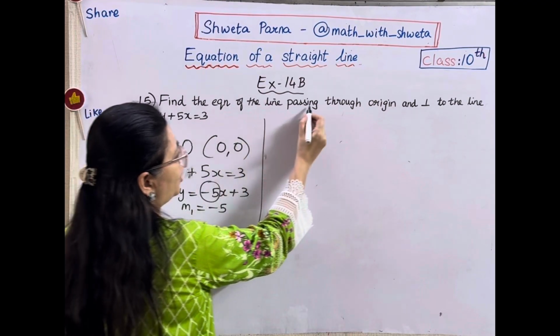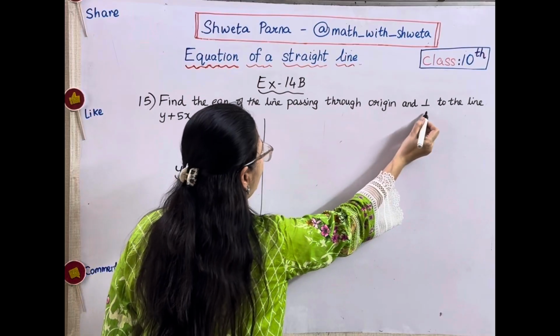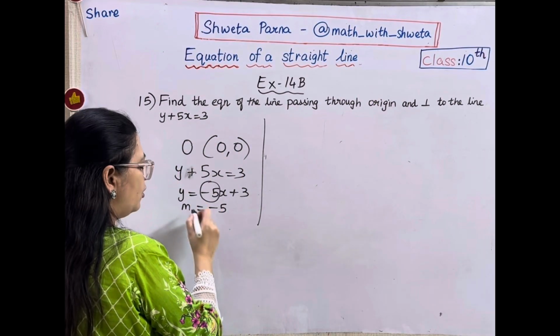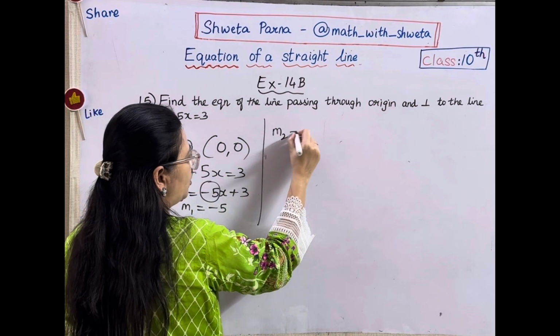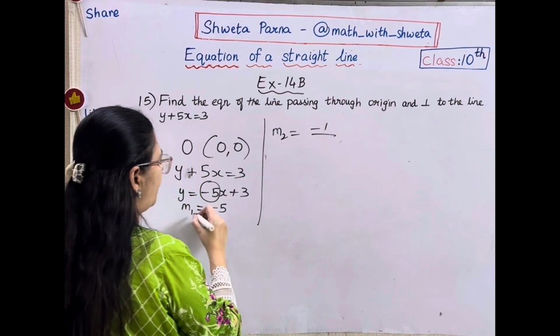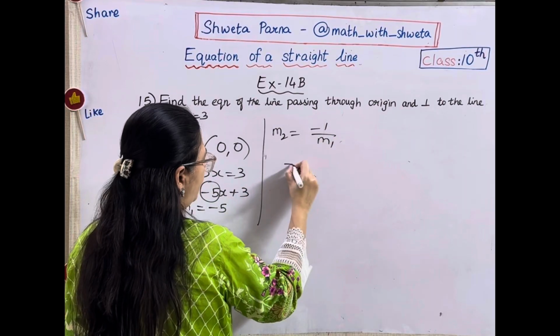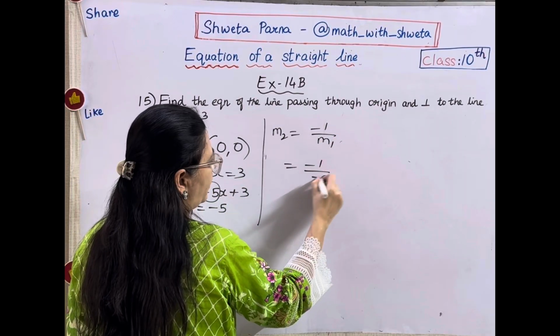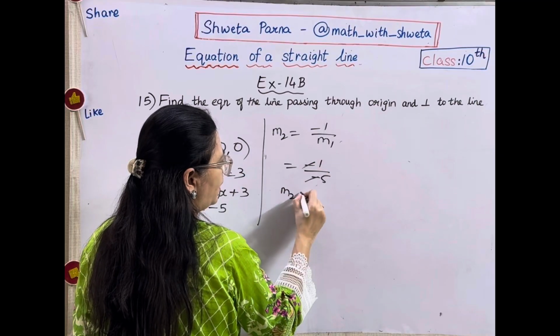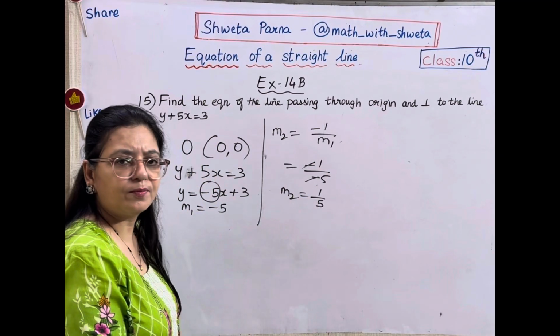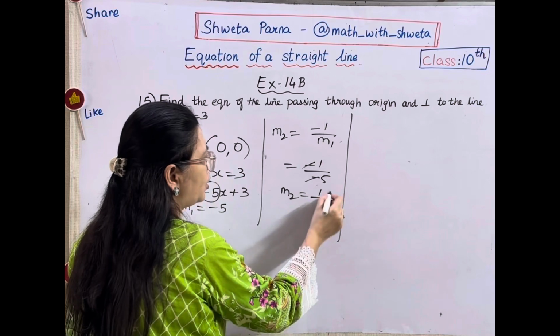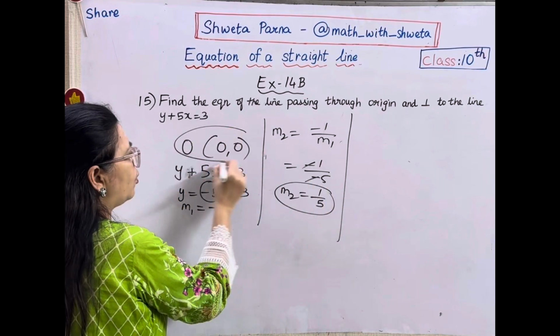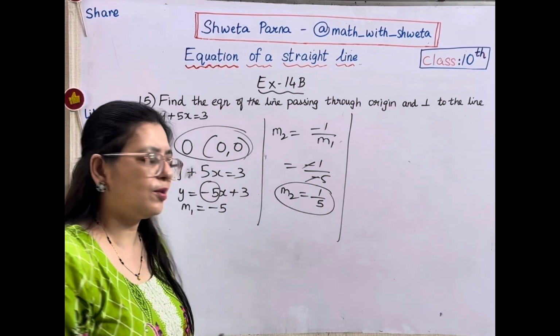Now this equation passes through the origin and it is perpendicular to this line. So what would be m2? M2 would be minus 1 upon the slope m1, which is minus 1 upon minus 5. So m2 is 1 upon 5. Now let's find the equation. You know the slope, you know the coordinate. So you can use the point slope form.